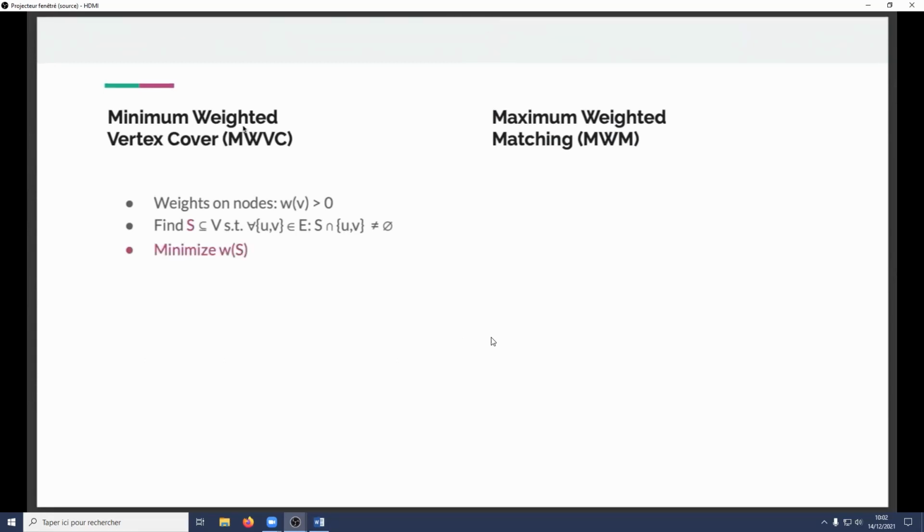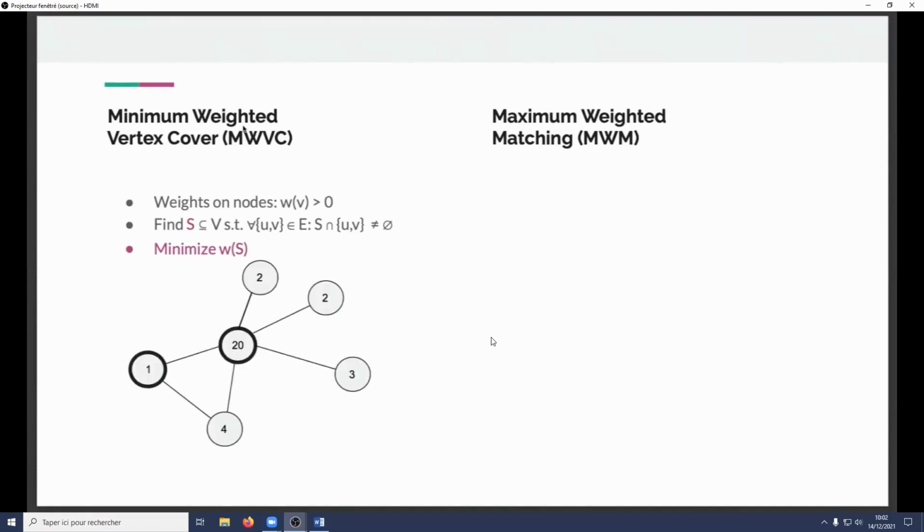And since it's weighted, our goal is not to minimize the number of nodes in the vertex cover, but to minimize the weight of the nodes in the vertex cover. So for example, here's a simple graph, and the intuition would say this is our minimum vertex cover, which is true for the unweighted case, but for the weighted case, this is not true since the node in the middle has a very high weight. And therefore, the minimum vertex cover here is actually every node but the middle one.